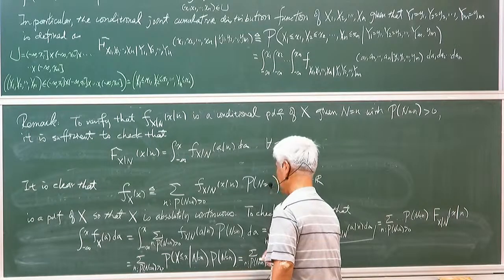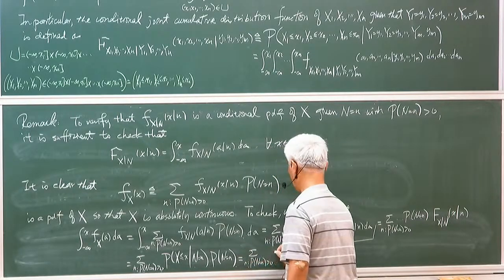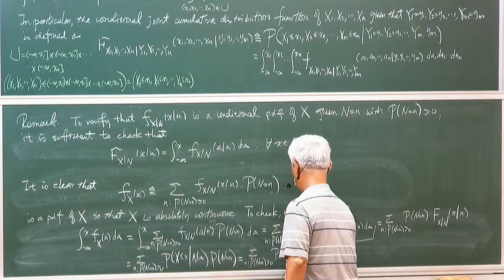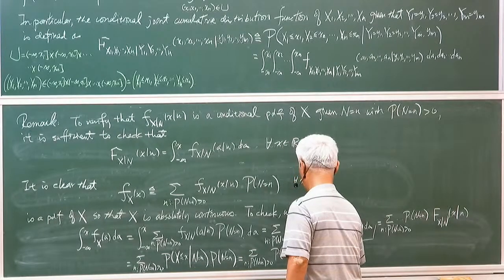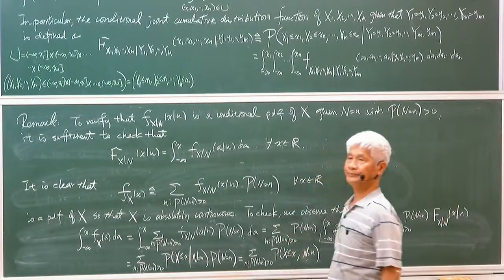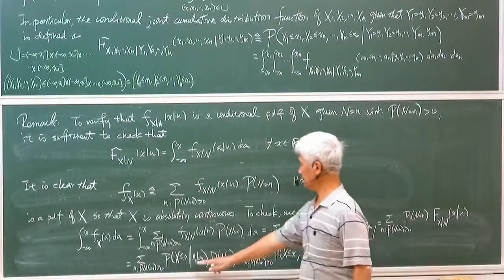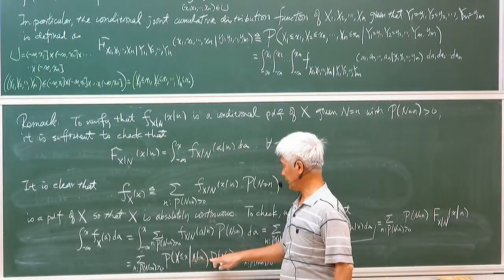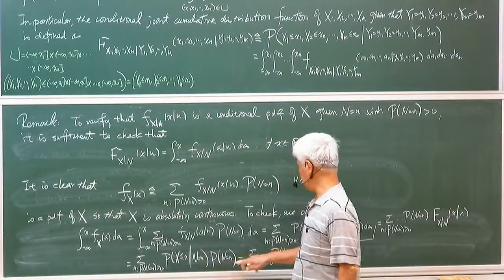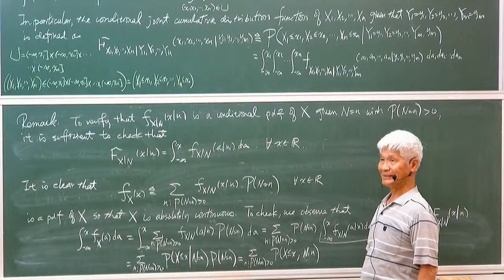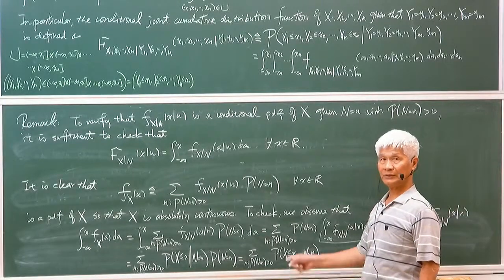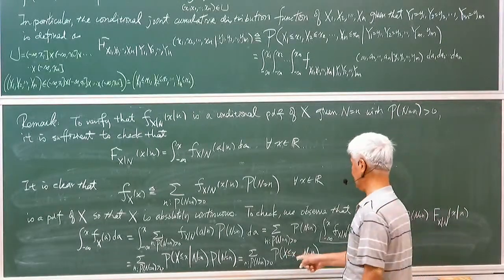So this is the probability that X less than x and N equal to n. Okay? So the conditional probability times this probability is equal to the joint probability. This is from the definition of conditional probability.